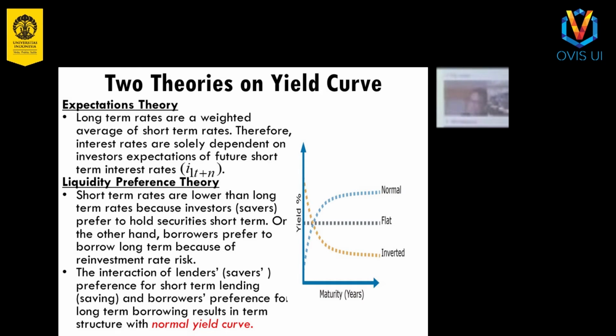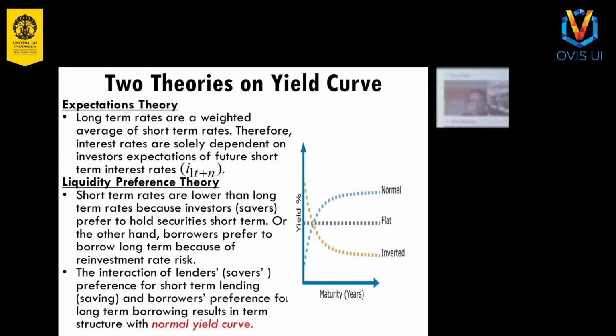Now, I can reverse the story here. Let's look at the inverted yield curve, the yellow color here. So what does it mean? This means the current short-term interest rate is here, but the market expects that 10 years from now the short-term interest rate will be here.